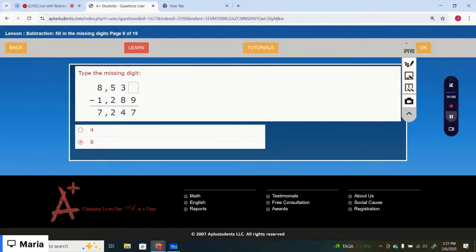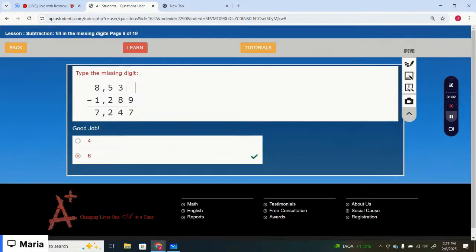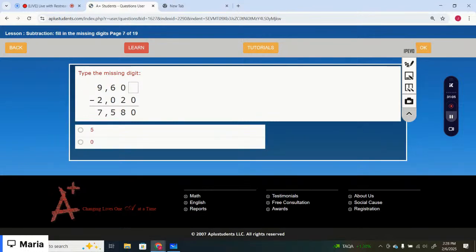So that is option number 2. Type the missing digit.